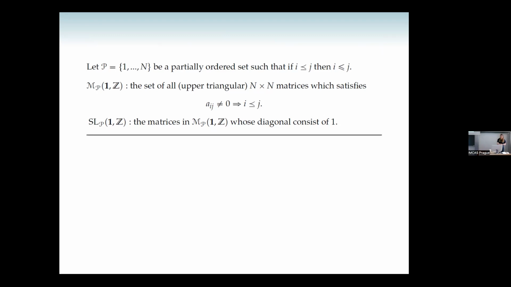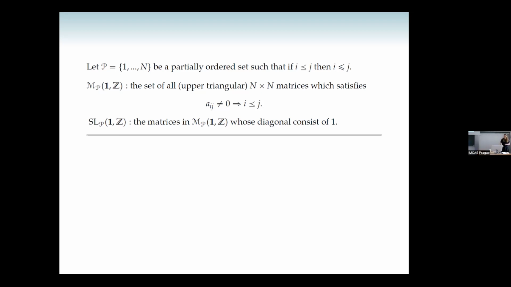Then we look at this MP, which is the set of all upper triangular n times n matrices which has to satisfy this condition here, so the order determines where you can have zeros in your matrix. So your entries a_ij, if it's different from 0, then you need i to be less than j in the partial order. And then SLP are just the matrices where the diagonal consists of 1s.